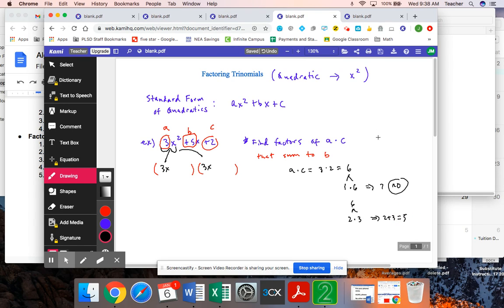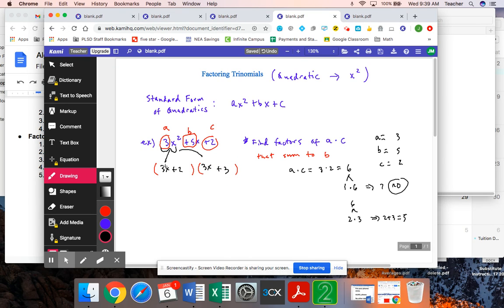So what I would do in the beginning is I would write out a, b, and c. A is 3, b is 5, c is 2. And I would use those to find this. Now, I found my pieces. My two factors are a positive 2 and a positive 3. When I add them together, I get 5. So I write a positive 2 and a positive 3, because those are my two factors.